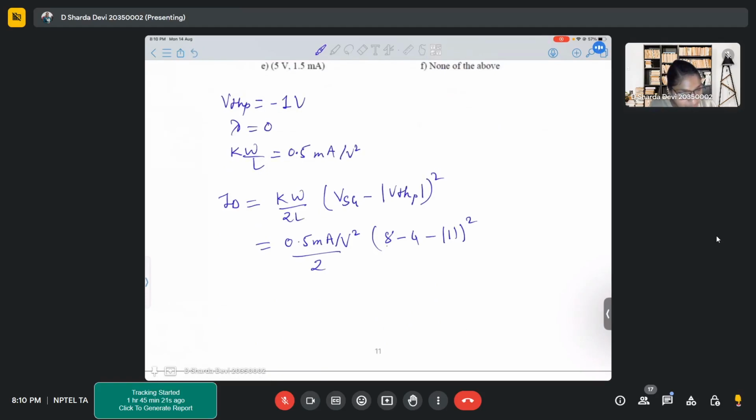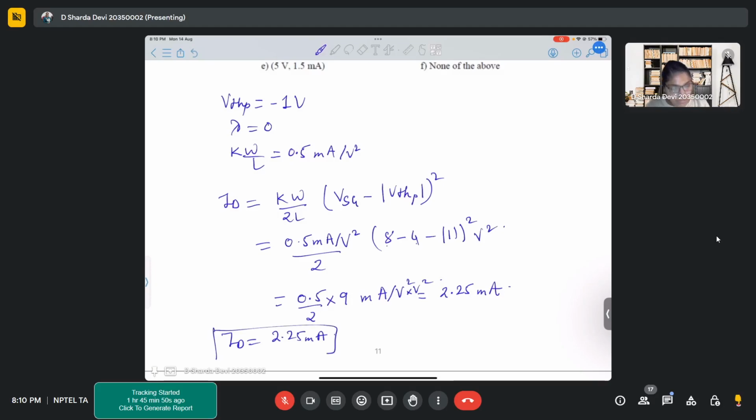So it is (8 minus 4 minus 1), that is 3 square. 0.5 by 2 into 9 milliamperes, that is 4.5 by 2, which is 2.25 milliamps. So ID is 2.25 milliamps.